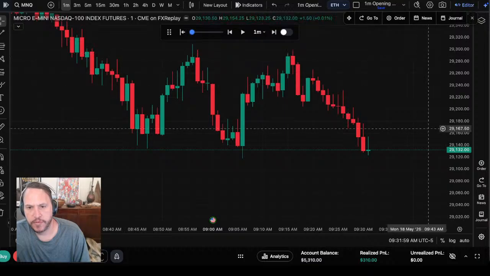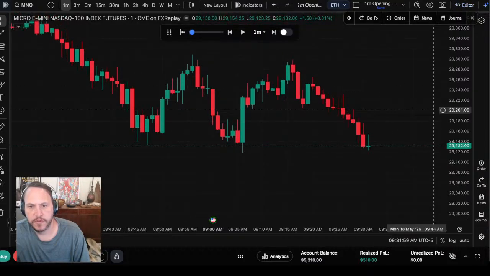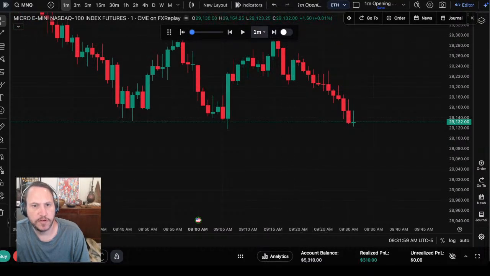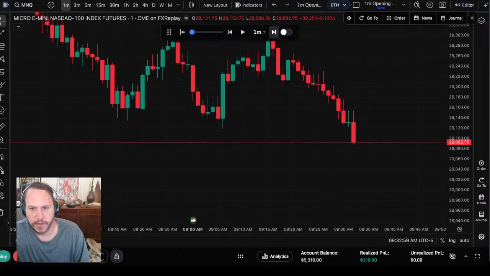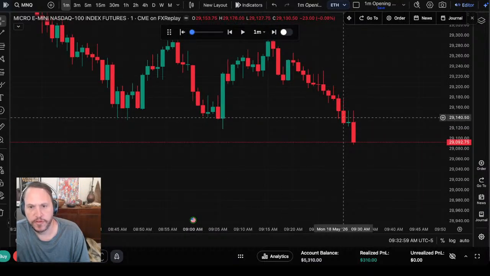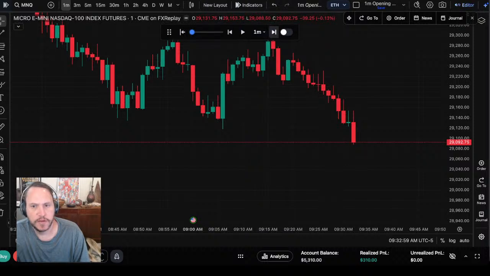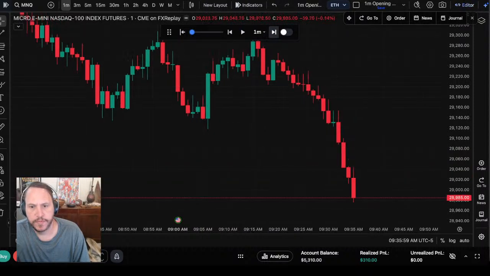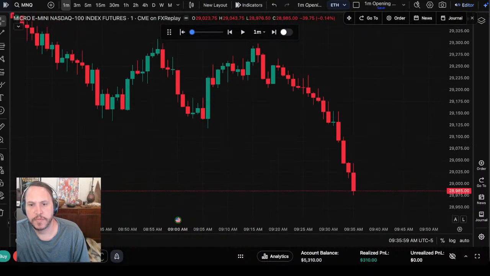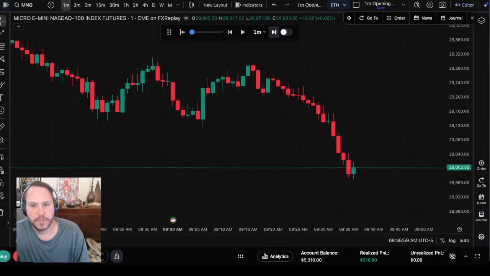Okay, that was the first candle. Let's see what this next candle does if it continues to trend. Yeah, there we go. That's what we're looking for. We're looking for not the first candle to be trending, but then the continuing ones, right? There we go.